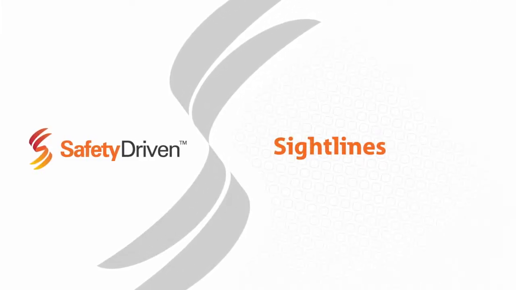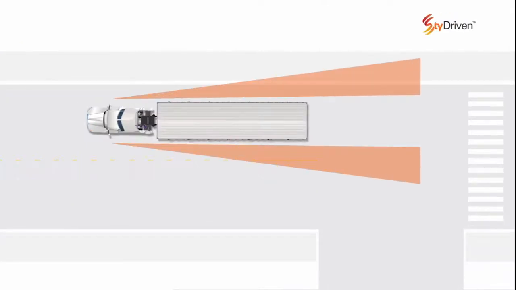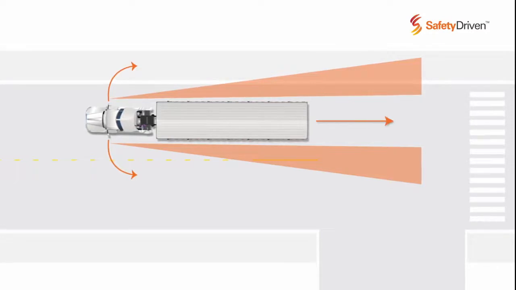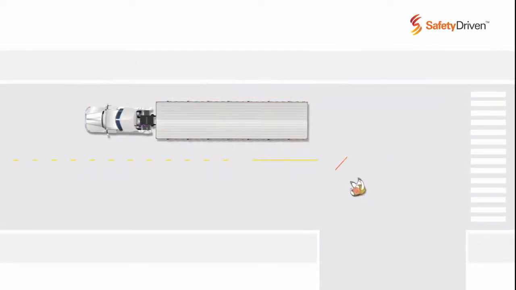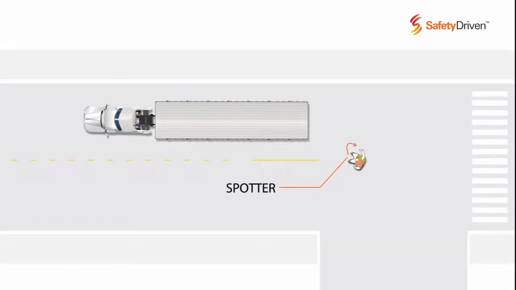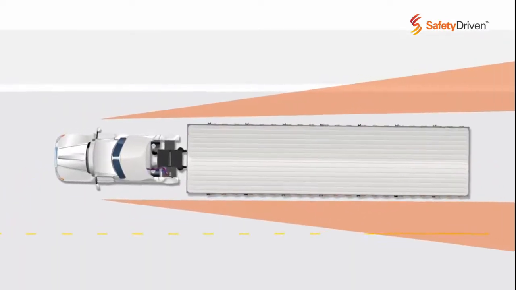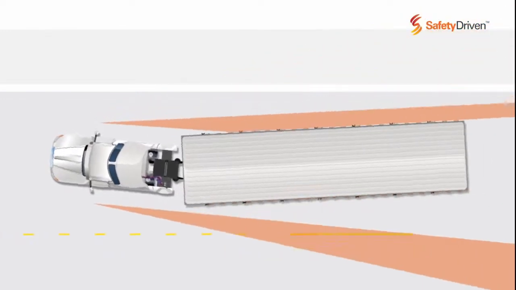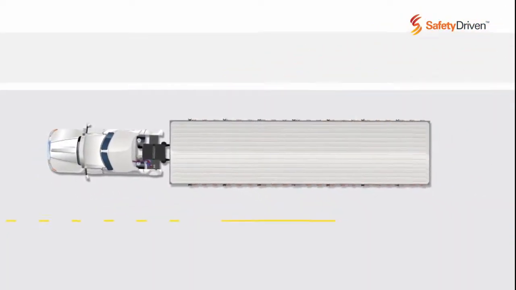Sight lines. Large vehicles have significant blind spots, or areas outside the range of the mirrors and directly behind the vehicle. It is the responsibility of the spotter to safely direct the operator through these areas. When reversing, the operator can lose sight of the back of the trailer and where it is going.